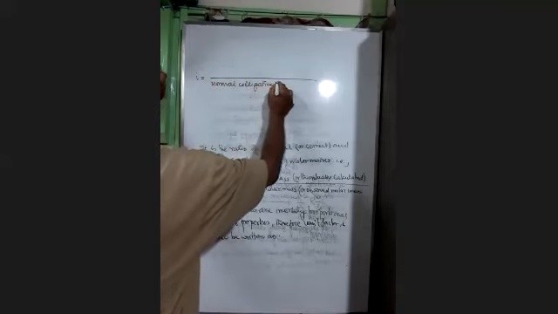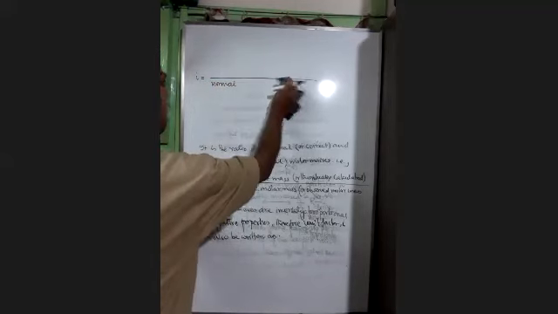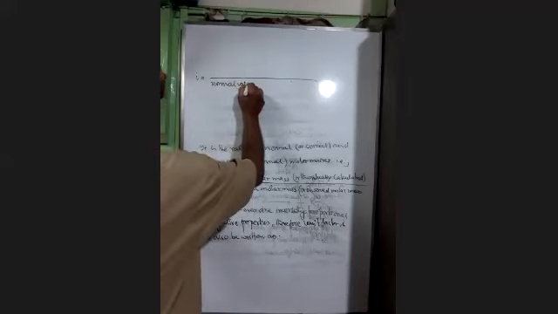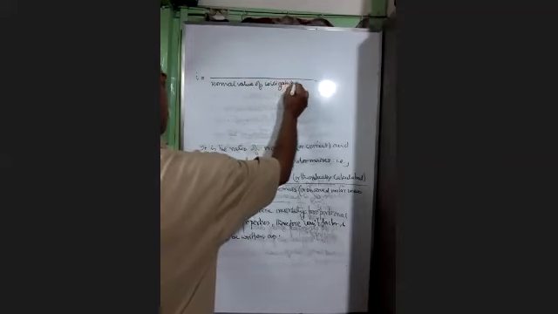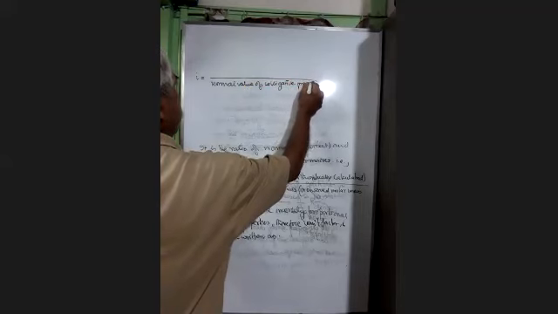So what I can write: normal value of colligative property, that is, if the molecule would have been ideal, it would not have gone for association or dissociation, then this is the one I should get.